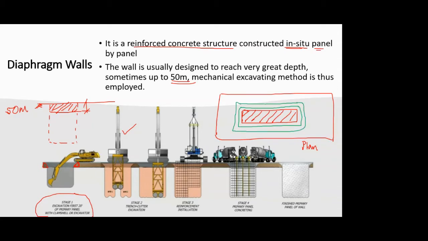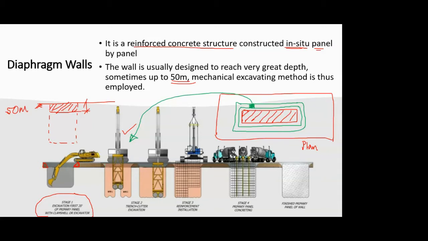Okay, I'll excavate this, and then I'll not excavate this also in one go. I'll excavate it panel by panel. Okay, suppose I first excavate only this much portion. Okay. So this portion is what you see in this diagram. Okay, so this is the top view, and this is the sectional view, you can say.